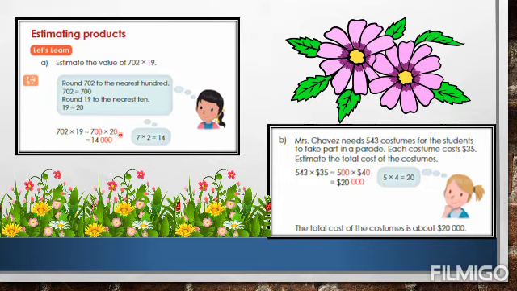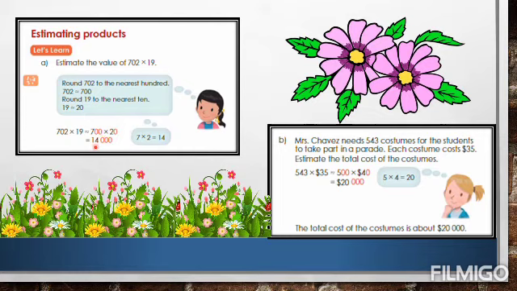So what we'll do, class, we'll just do the same process we did in the previous slide. We'll just multiply the non-zero digits. So 7 times 2, since they are the only non-zero digits, is equal to 14.